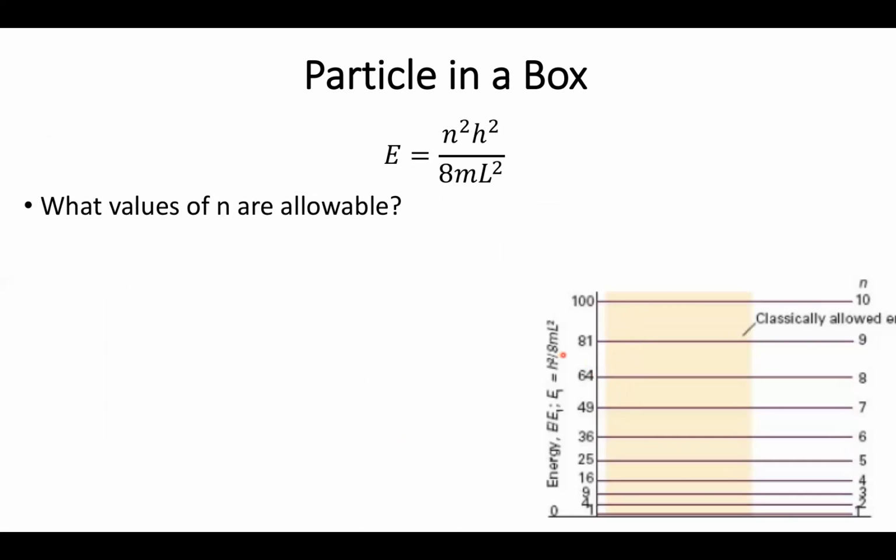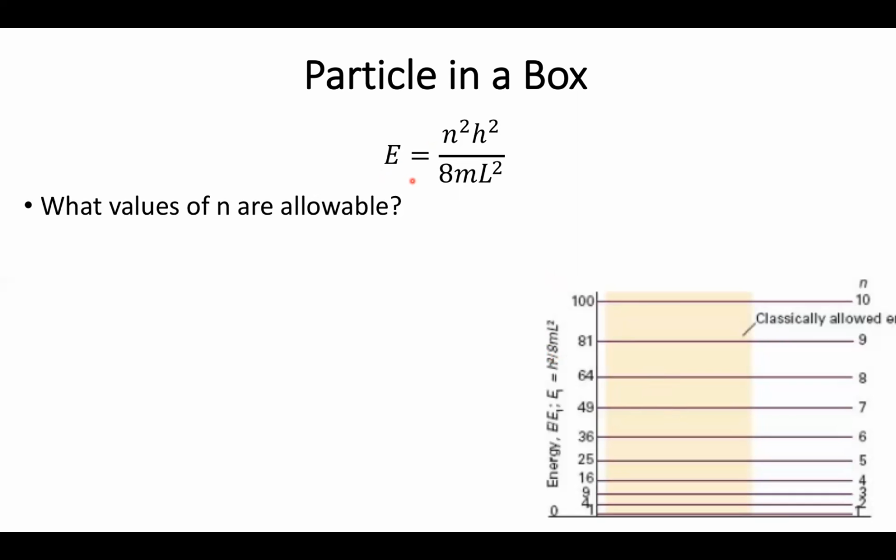And again, this brings us to our question of what values of n are allowable. So we know that n has to be an integer value, 1, 2, 3, 4. But if I have a value of 0, what this would then mean is that I have no energy or no kinetic energy. And it turns out that we've already established that if I'm dealing with a particle like an electron, it always has to be in motion.